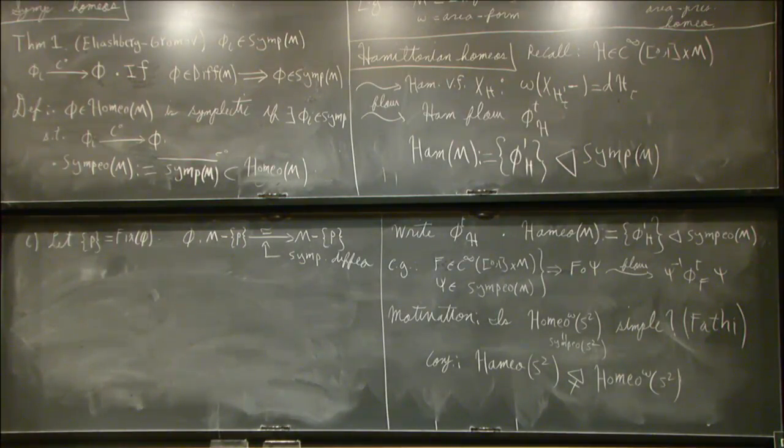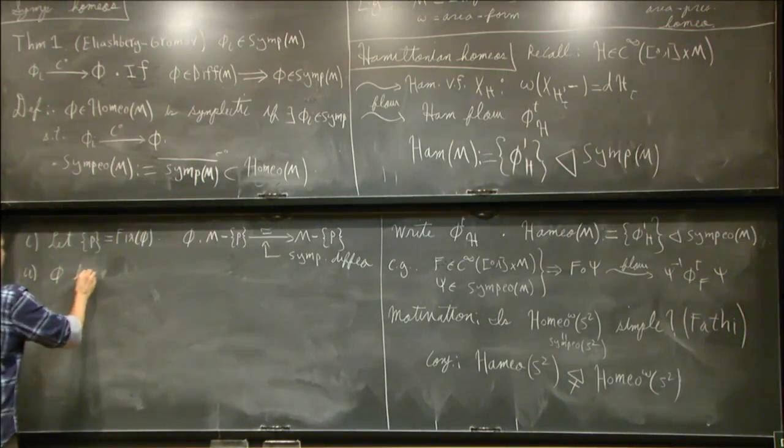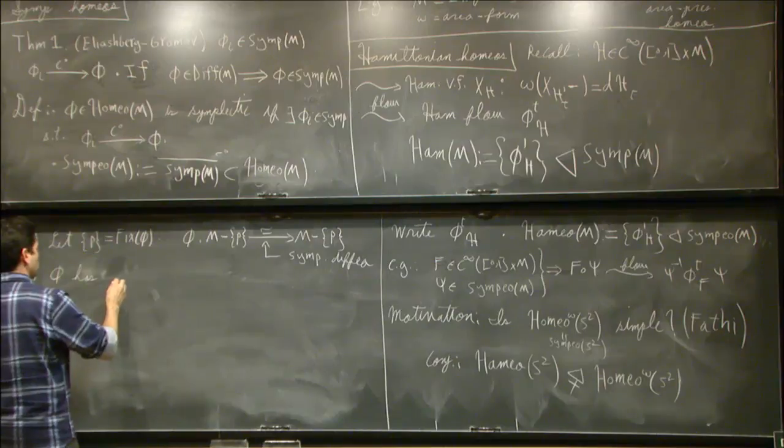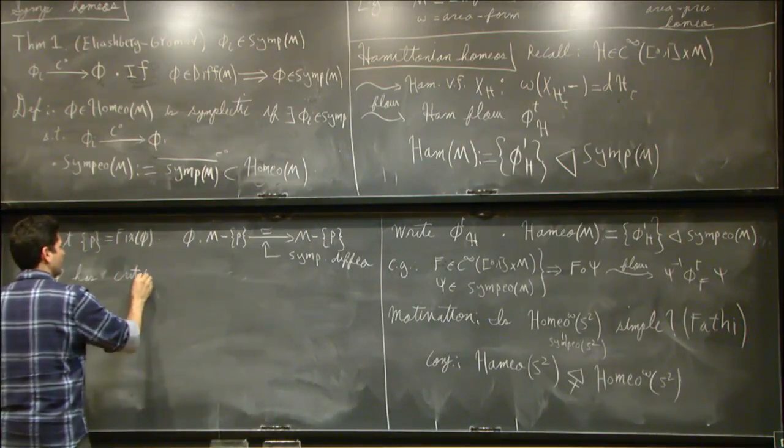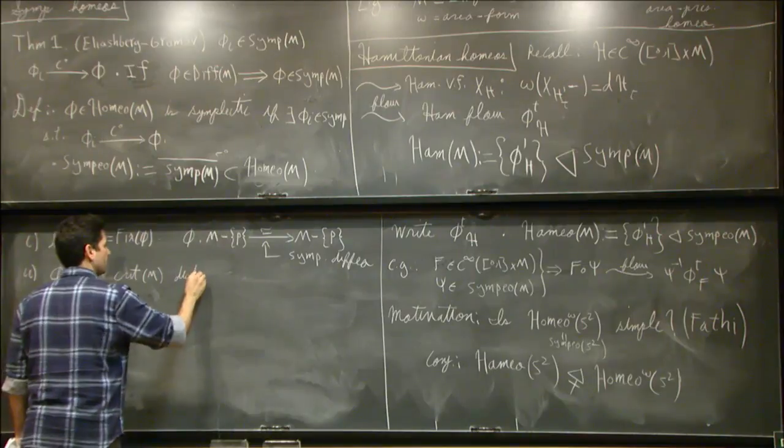Yes, so now that you asked, here's another interesting thing about this phi. It is a Hamiltonian homeomorphism with a continuous Hamiltonian. And once it has a continuous Hamiltonian, you could talk about spectral invariants for it. Phi has, I think, crit of M distinct spectral invariants.